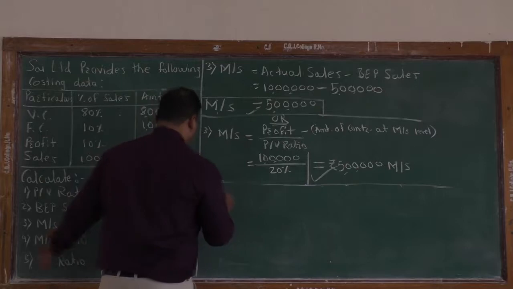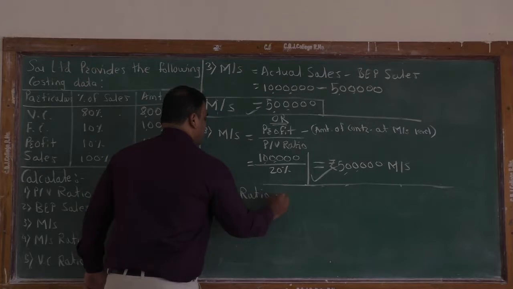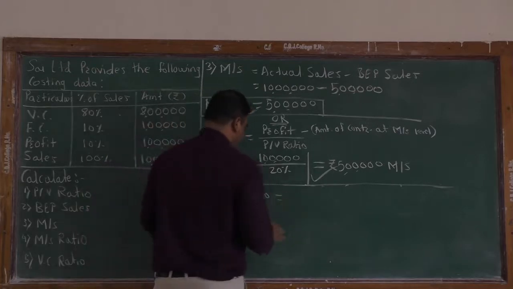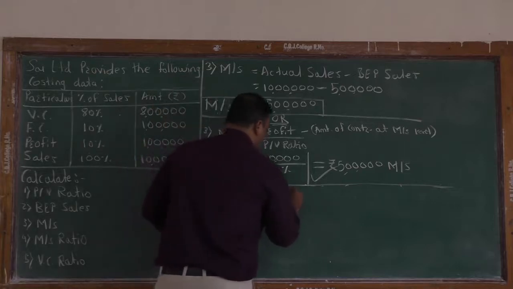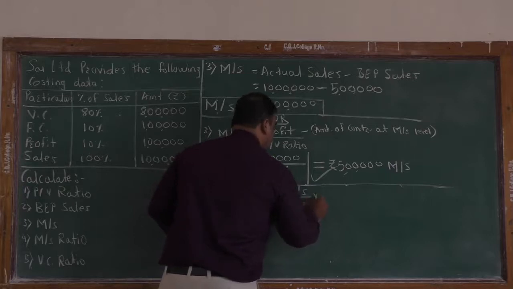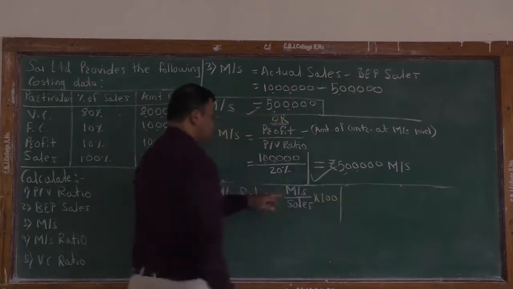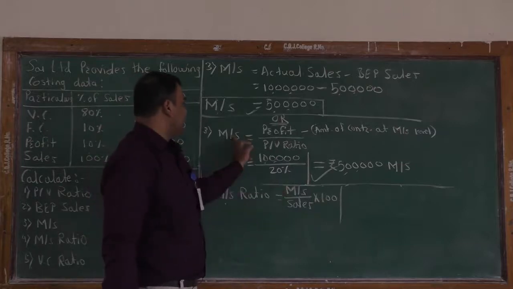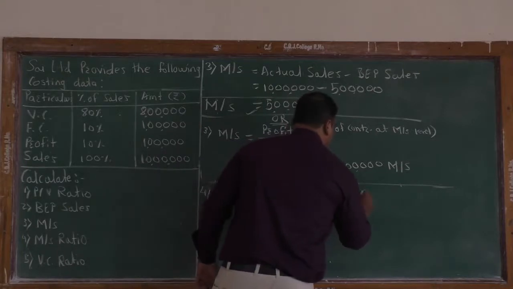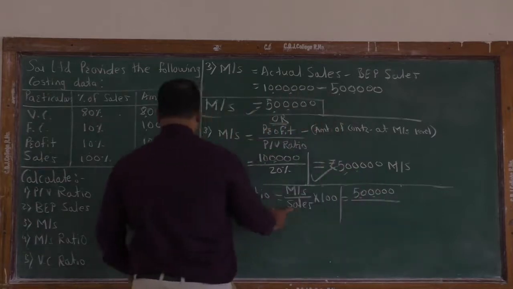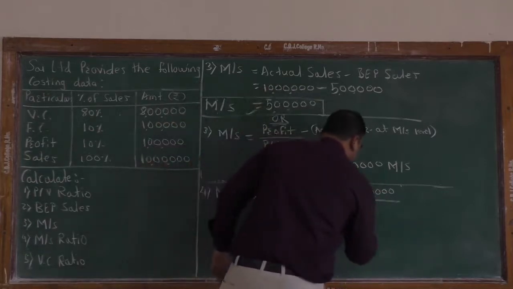Margin of safety ratio is equal to, what is the formula? It is a ratio of margin of safety to sales, that's why margin of safety to sales into 100. So margin of safety, as we have calculated, which is rupees 5 lakh, divided by sales, which is rupees 10 lakh.